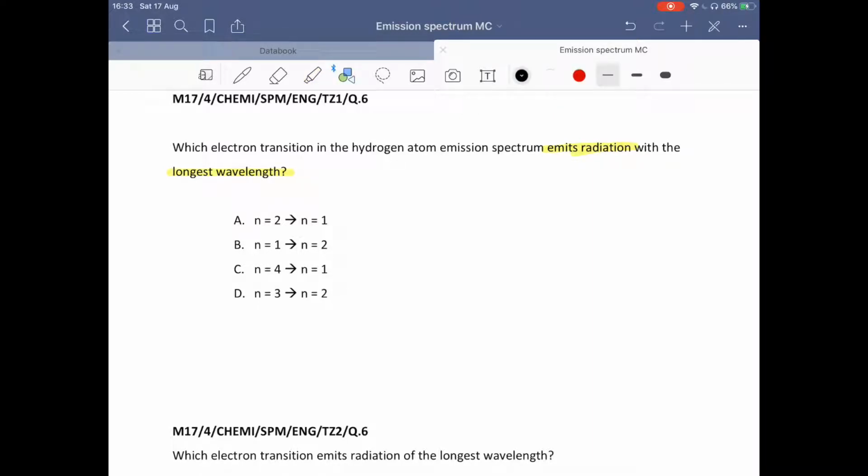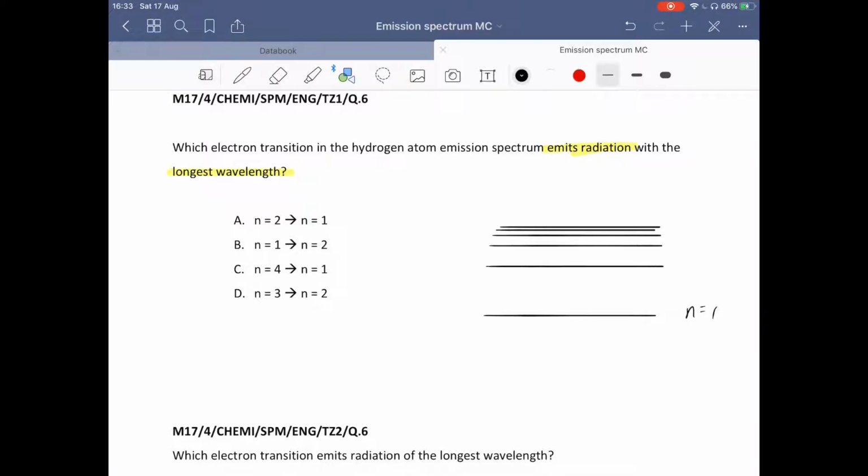First of all, you should know the emission spectrum of a hydrogen atom. It's like this. The energy difference between two successive energy levels becomes smaller when n increases. So n equals 1, 2, 3, 4, 5, maybe infinity, and the energy is increasing. That's the y-axis.